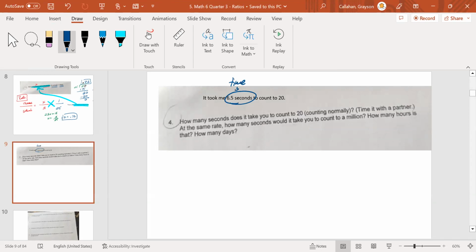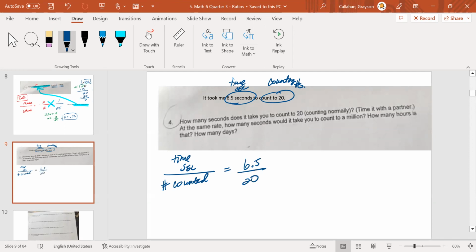Time in seconds, right? Counting numbers. So my ratio is time in seconds and the number that I counted. It took me 6.5 seconds to count to 20, right?